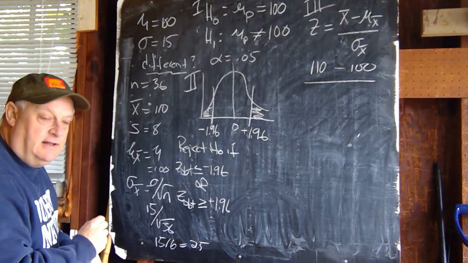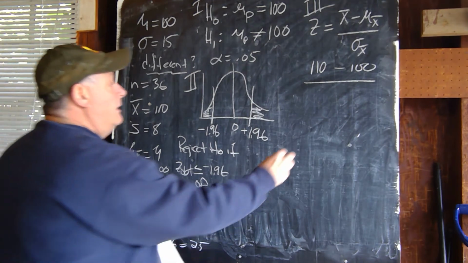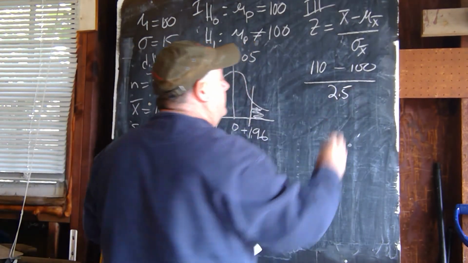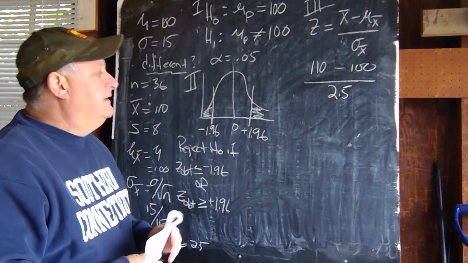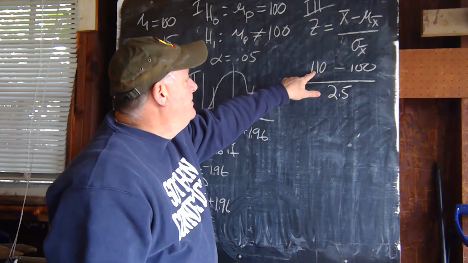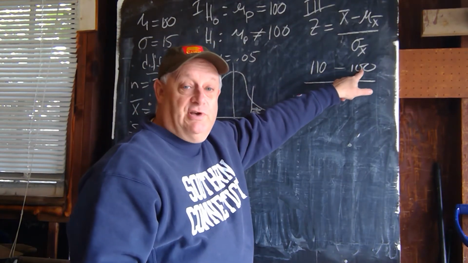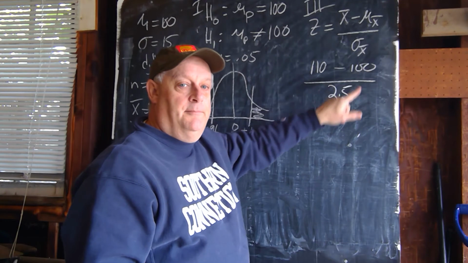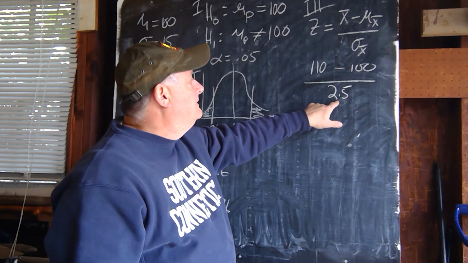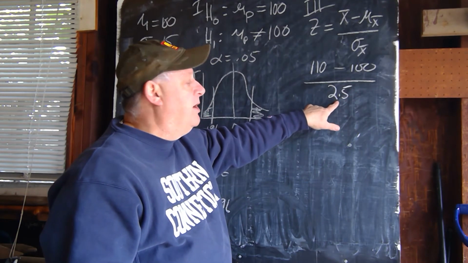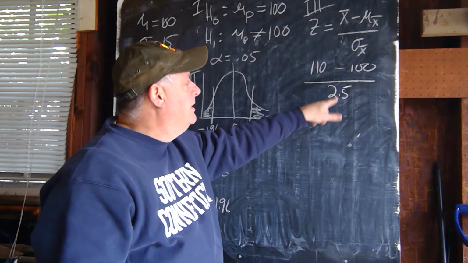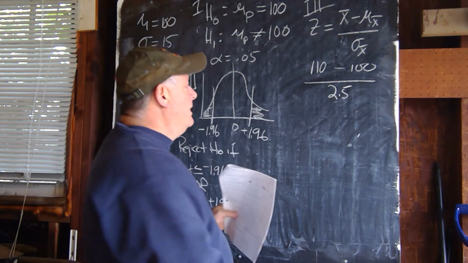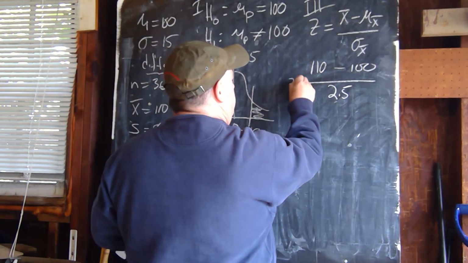Can you see that way down there? That goes there, way over in the corner. X bar, mu sub x bar from the central limit theorem, and the standard error, sigma sub x bar, also from the central limit theorem. We get those numbers. Now we solve for z.